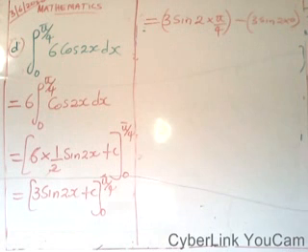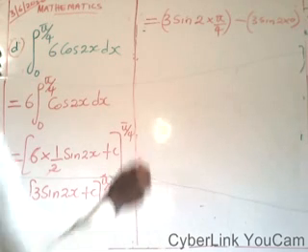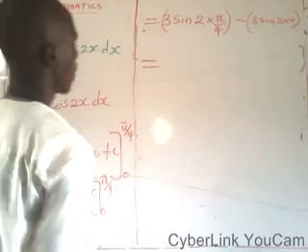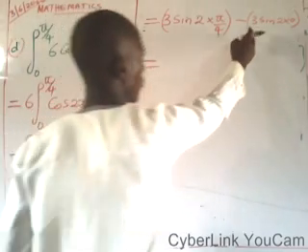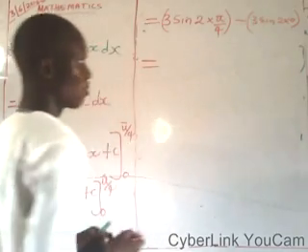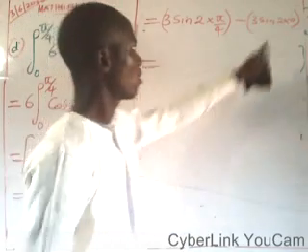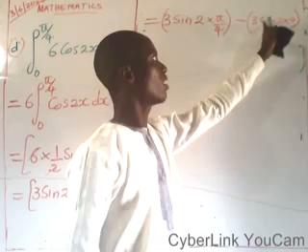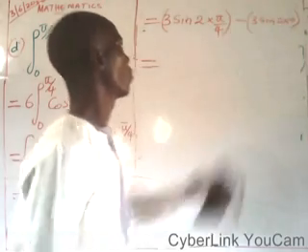Don't forget, that's what I'll have. So take note of that. Of course, this is sine 0, which will be 0. I don't need to waste my time because 2 times 0 here will be 0. 3 multiplied by sine 0, everything here will be 0.